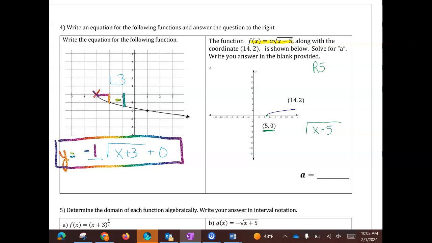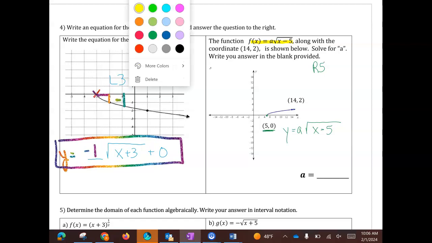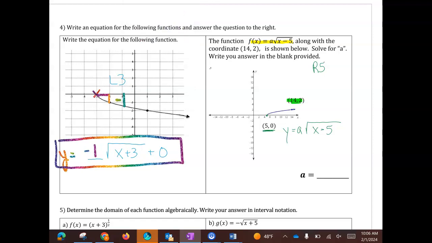So I will be figuring out what a is, and I'm going to figure out what a is by taking this point and putting 14 in for x and 2 in for y. So 2 in for y, 14 in for x. And then I'm going to solve for a.